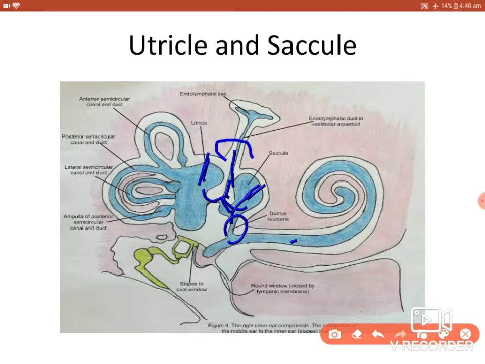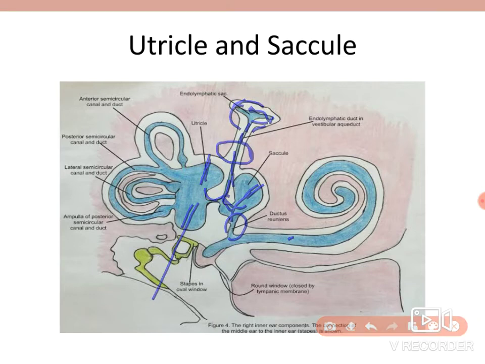Through this opening of the aqueduct of the vestibule, the ductus endolymphaticus ends as a blind sac called the saccus endolymphaticus. The membranous labyrinth contains endolymph, which gets absorbed by the epithelial cells lining the saccus endolymphaticus.